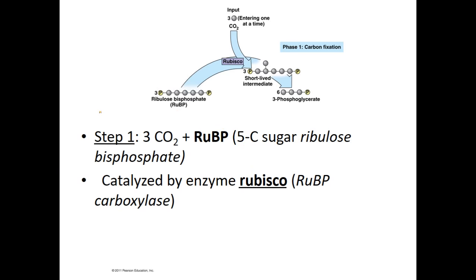Okay, so if you're going the route of boxes, here's step 1 in all of its glory. So step 1, 3 of these carbon dioxide molecules are going to get combined one at a time with RuBP. So here's RuBP right here. And you can see there's 5 carbons, there's phosphates at the end, that's how it gets its name.